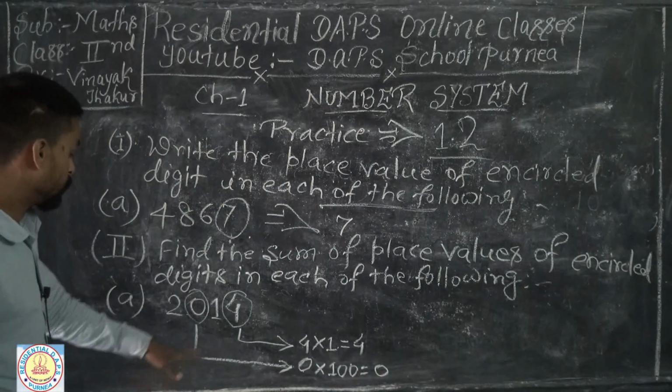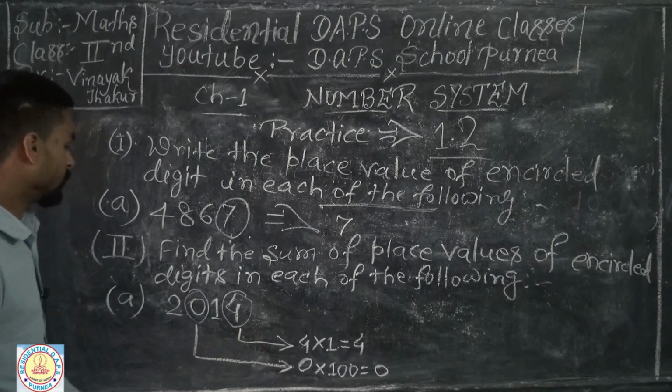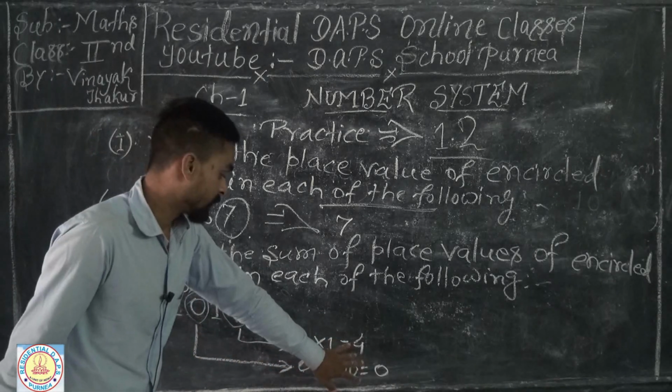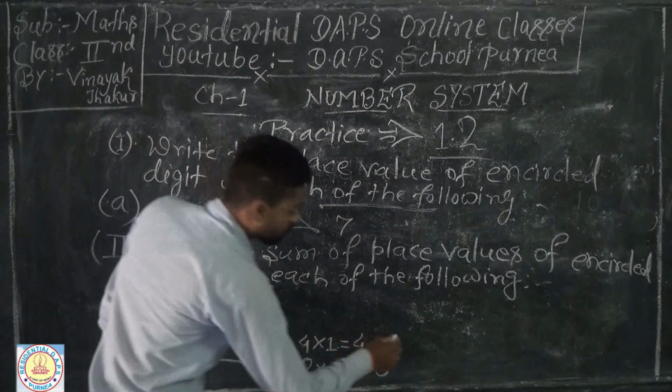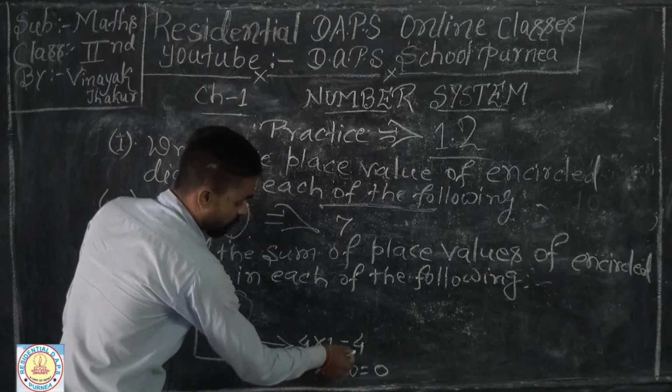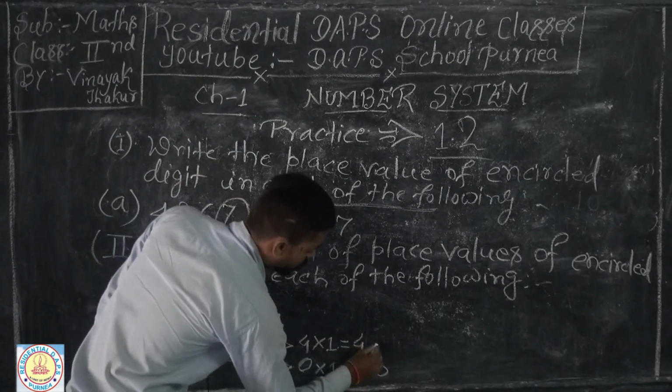So this is the place value, and you have to get the sum of the digits. So your sum is 4 ones and 0 tens.